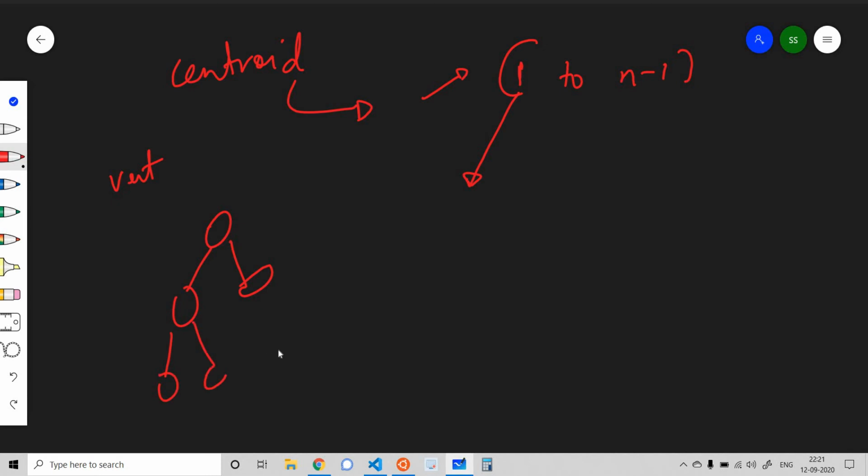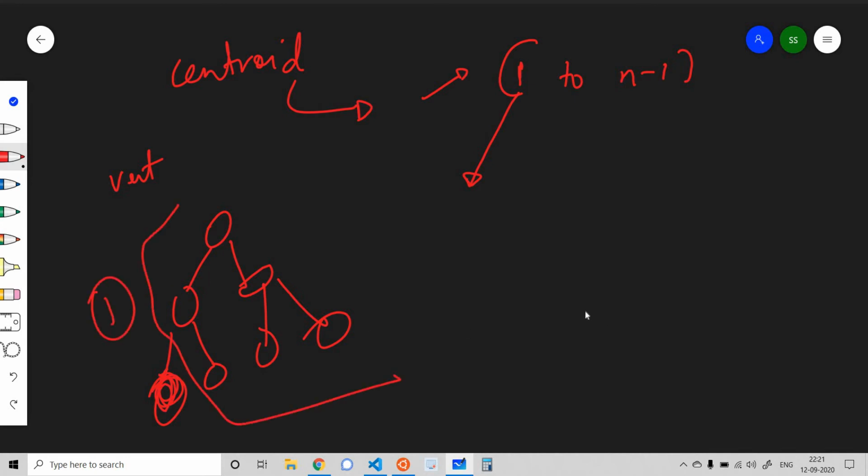the centroid of a tree has two main properties. If we delete that vertex, then we would be having a forest. In that forest we can have any number of components ranging from 1 to n minus 1. We would have only one component when we delete a leaf itself; after deleting the leaf, the number of components remains equal to 1.